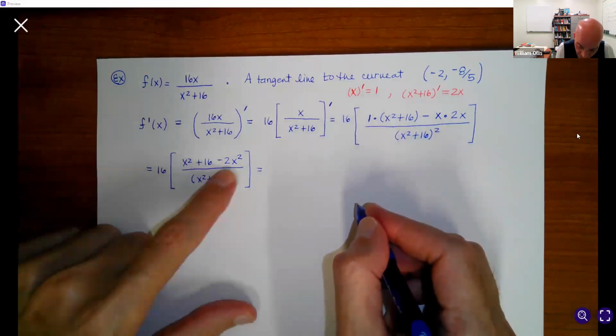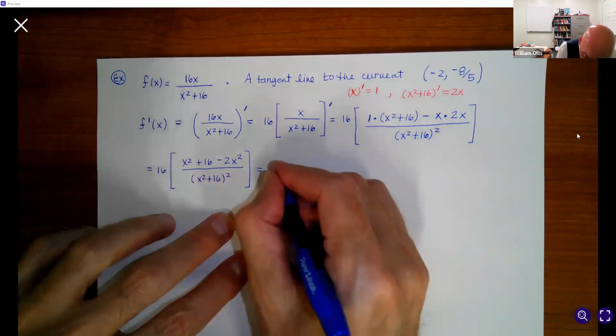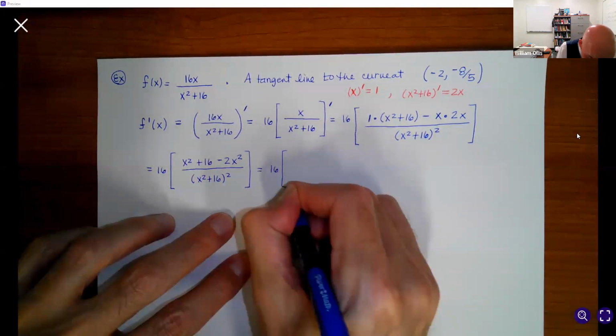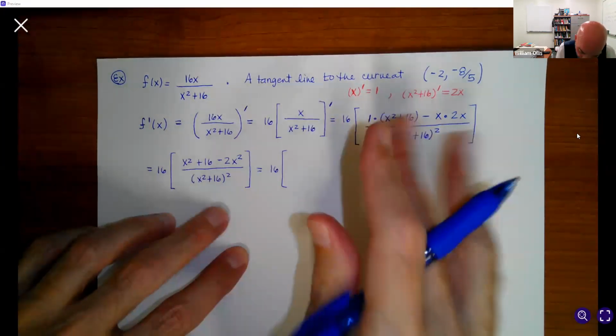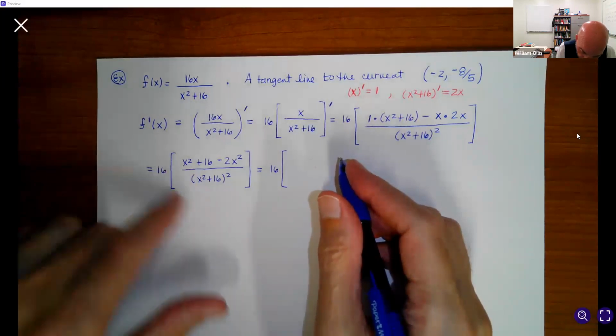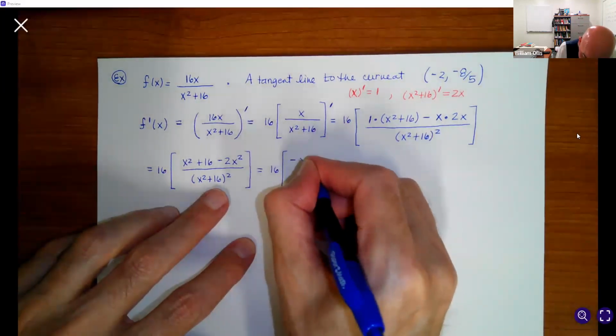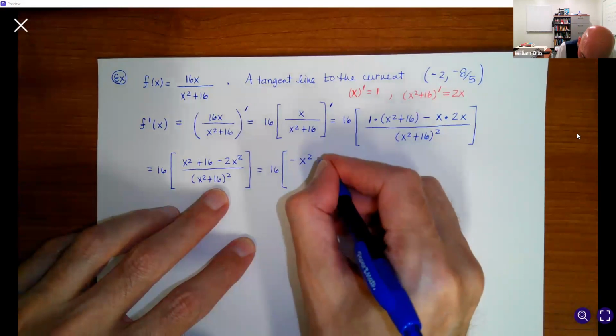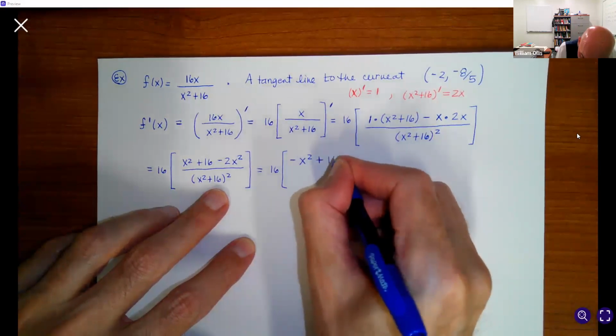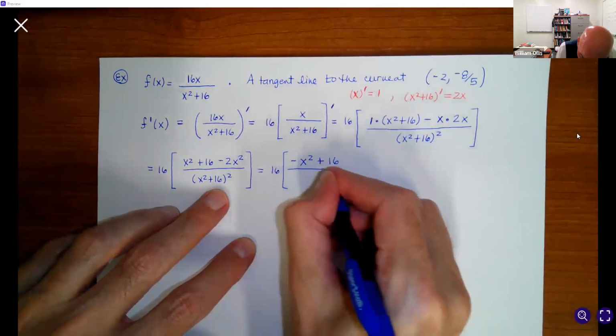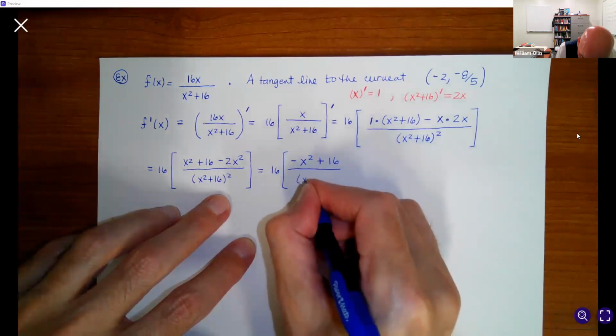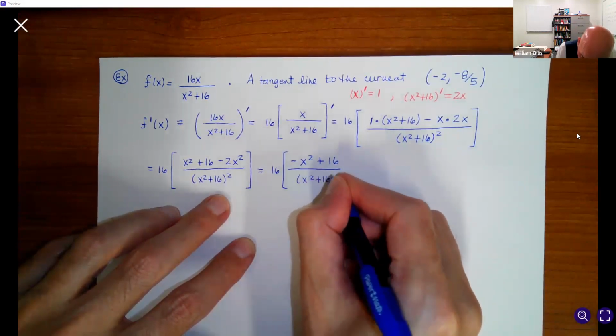So notice we can combine. So we have a negative x squared. Don't forget the 16. You know, it's hanging out. We don't want to drag it into the calculation. We just leave it where it is. So we have negative x squared plus a 16, okay, divided by x squared plus 16 quantity squared.